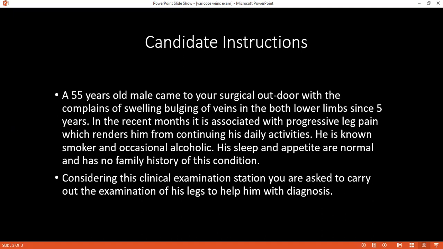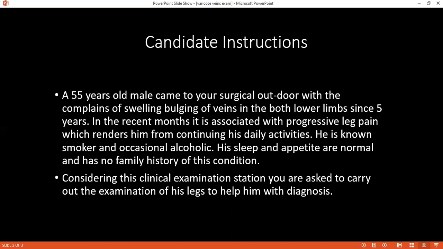I will also inspect for scars of previous operations, looking at the medial malleolus and the saphenofemoral junction, and look for any lower limb edema.